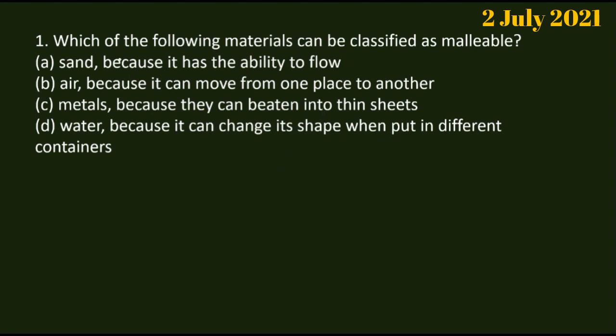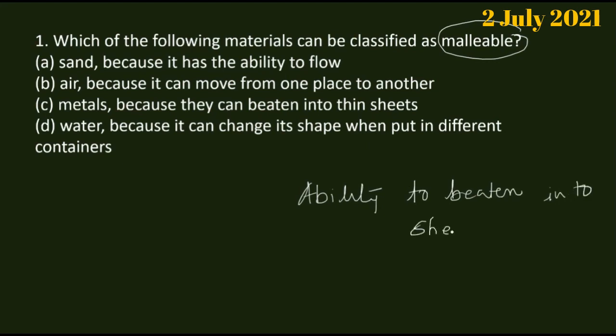So first one is, which of the following materials can be classified as malleable? So this is the word, right? What is malleable? Malleability is the ability to be beaten into sheets, right?